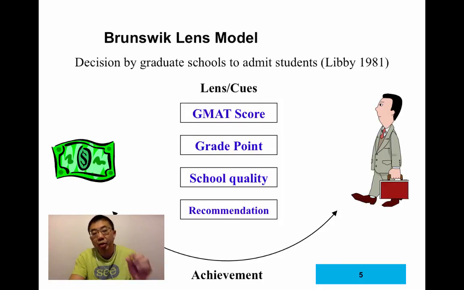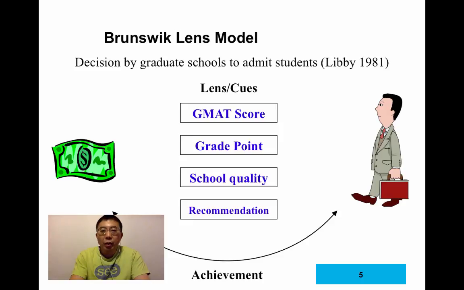So that's one measure that we want to use. We might want to use other measures, such as which university this person comes from, which school this person comes from. Not only universities, but it could be their high schools or even their college. Do they have a recommendation letter from whichever references they have?